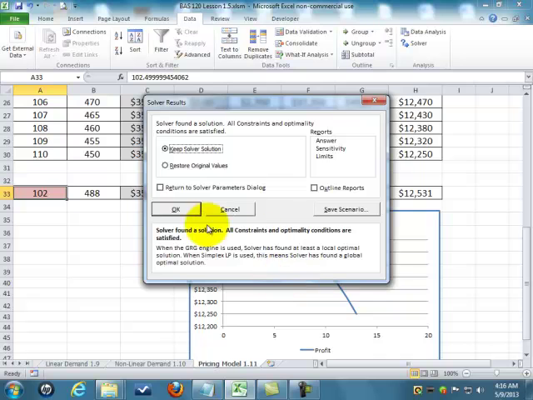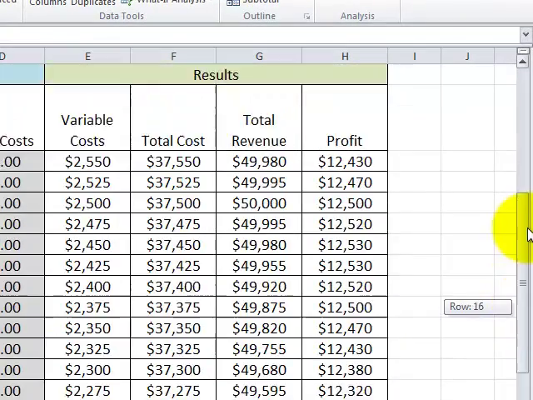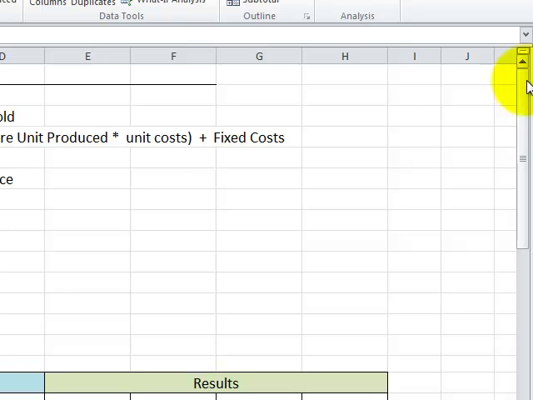I say solve. I say OK. And it solves it for me at 102. The only thing you have to be careful of is that right now in the Excel file I've given you, this is not dynamic. You have to update this with each change of assumptions. But that's how you can take an Excel model and do some prescriptive analysis so that the tool will give you the price at which you maximize your profits.